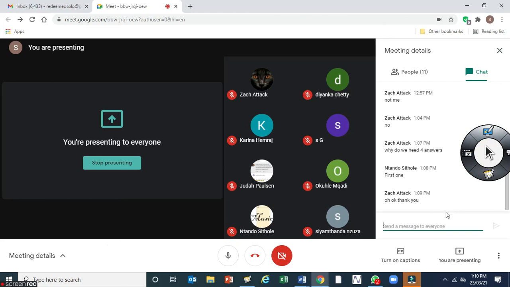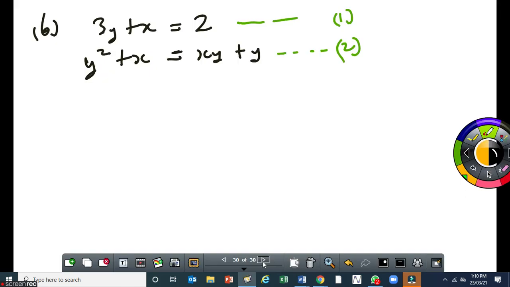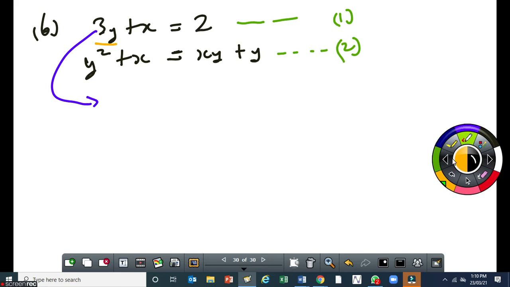All right, so we are going to use equation 1, because it's linear. Here, I'm going to take this 3y to the right. It's better for me to make x the subject because the exponent of x there is a 1.